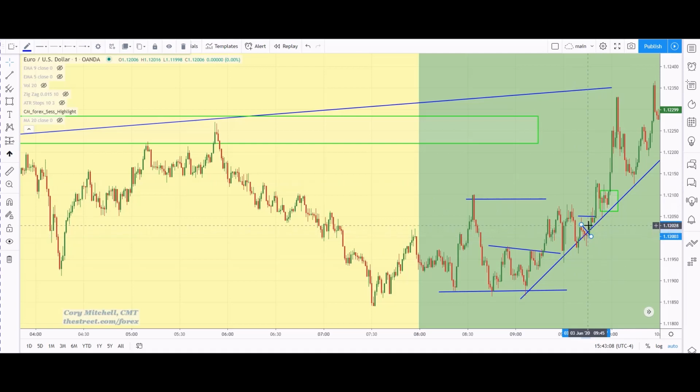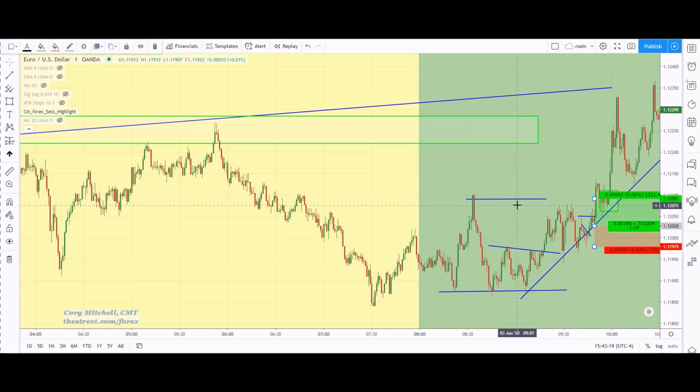So here, green bar, potential entry there. Not a great reward to risk if you're looking for a target just near these highs, but still greater than 1-to-1. You'd have to eyeball that. If you try to throw this on your chart, you're not going to get in and you're going to miss it.